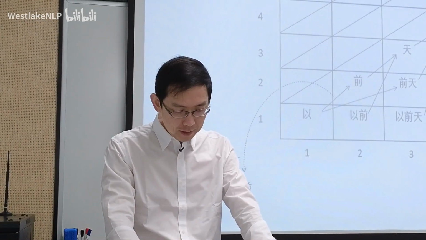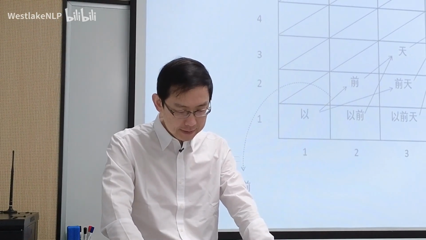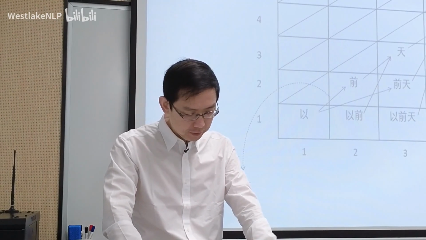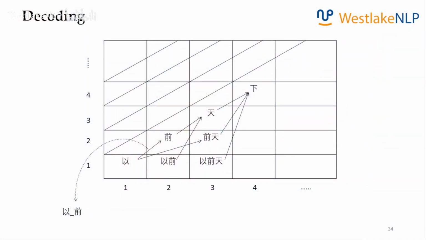We still use these 6 characters. Maybe the 6 characters are 以前天下大乱. In the past, there was chaos. So the first character is 以.